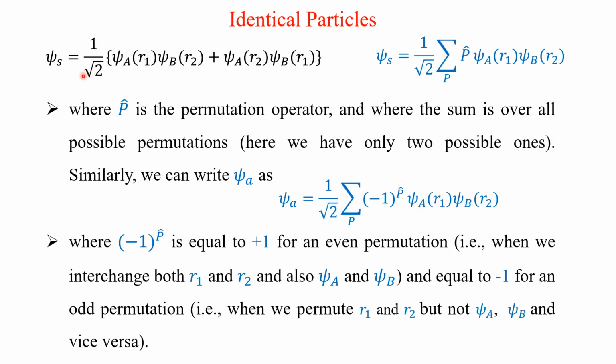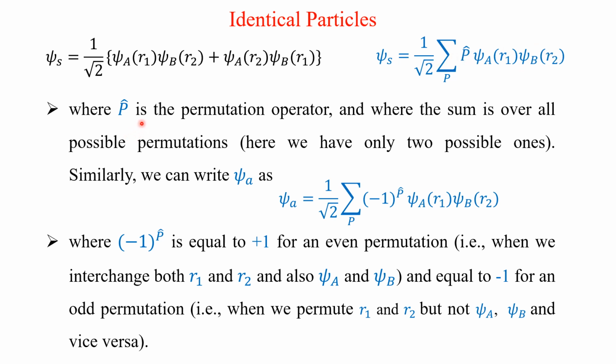For a symmetric system, the total wave function is 1 over square root 2 psi A of R1 psi P of R2 plus psi A of R2 multiplied by psi P of R1. This can be written in the summation form: psi sub S is equal to 1 over square root 2 summation over P, P cat psi A R1 psi P R2.